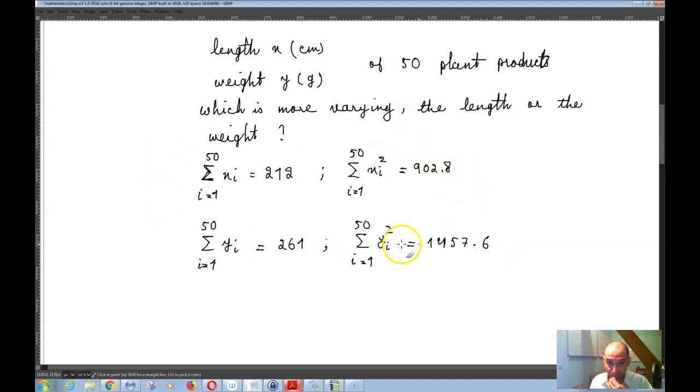So this is all the information that I have about this length and this weight. That's actually a set of observations related to 50 plant products. So now we want to know which is more varying, the length or the weight. So let's find out.